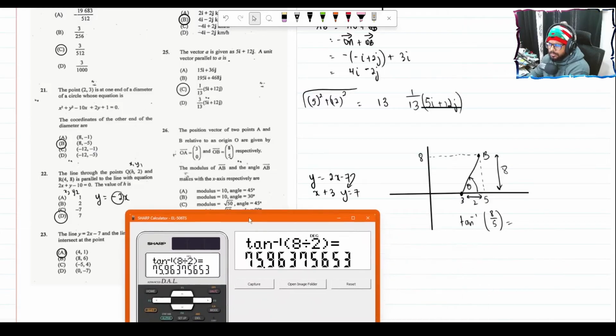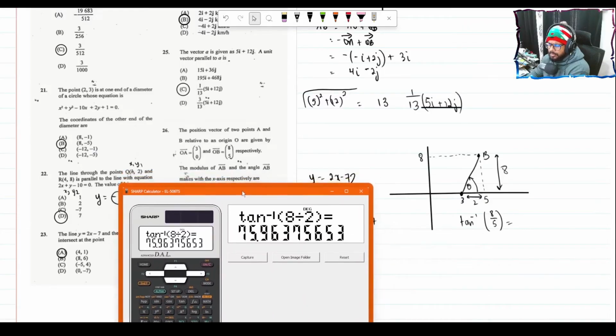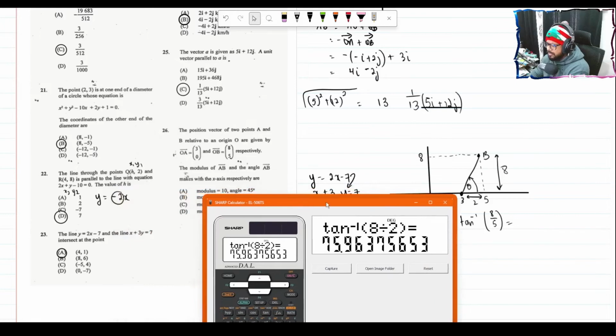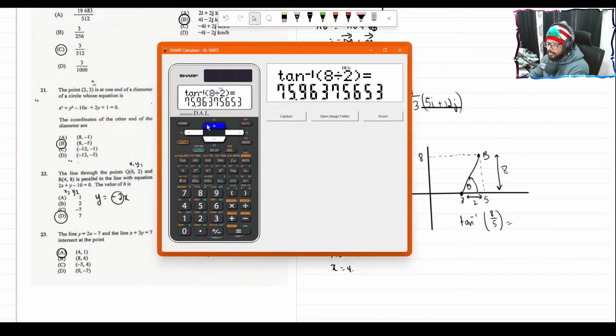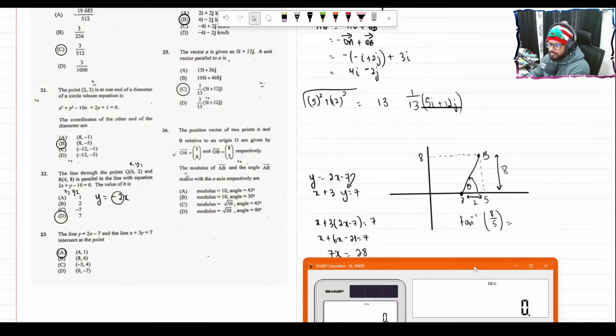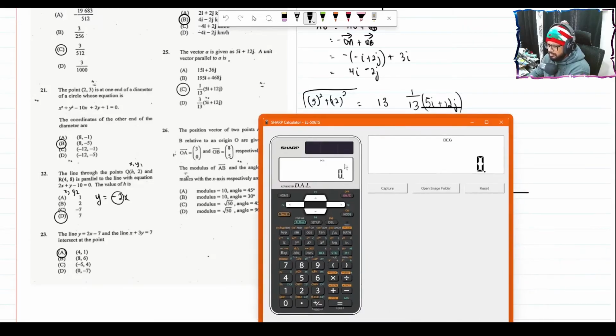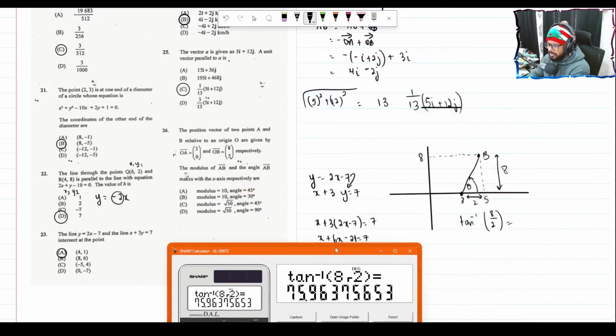The angle AB makes with the x-axis is this. I think I matched it correctly, but let me see if I made a mistake. That is 8 and there is 2. Did I put tan or tan inverse? Tan inverse of 8 over 2. We still wouldn't get a nice answer.